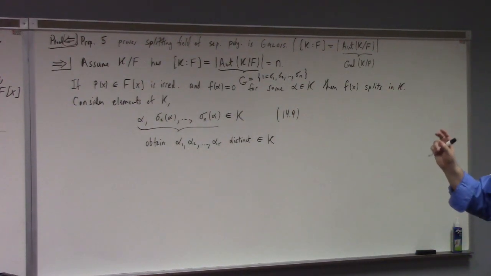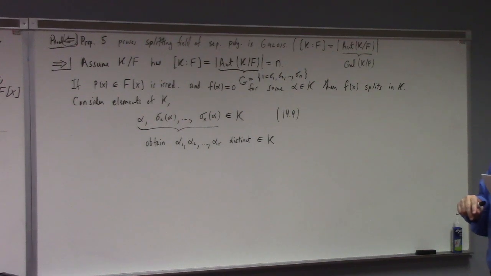Select a distinct subset, a maximal distinct subset, I think. As he says, the distinct elements in 9.